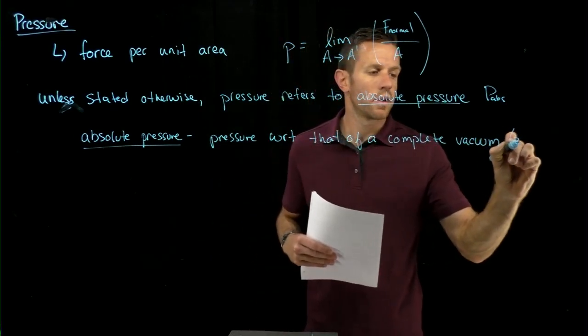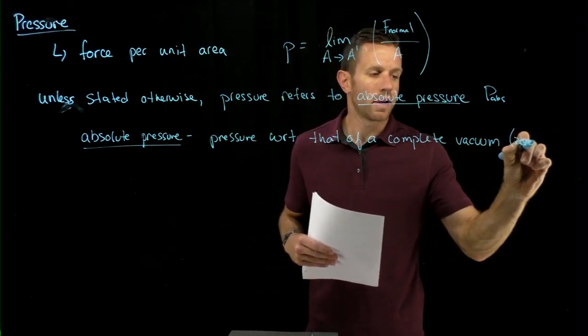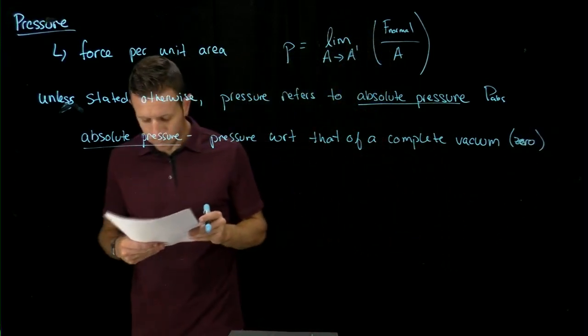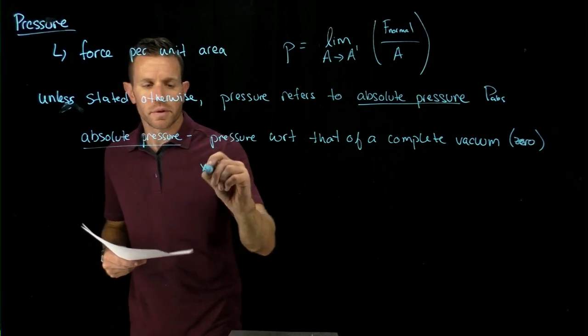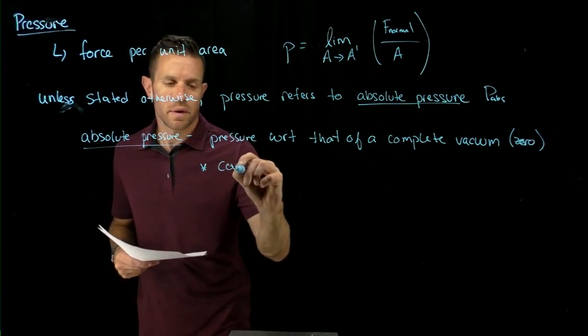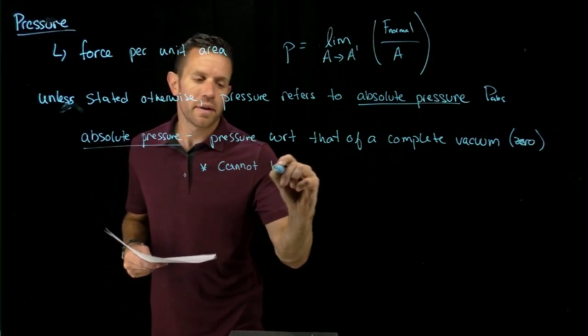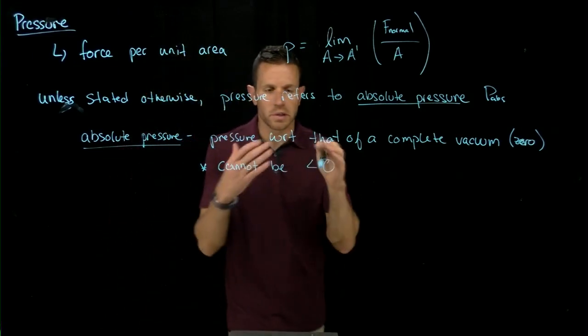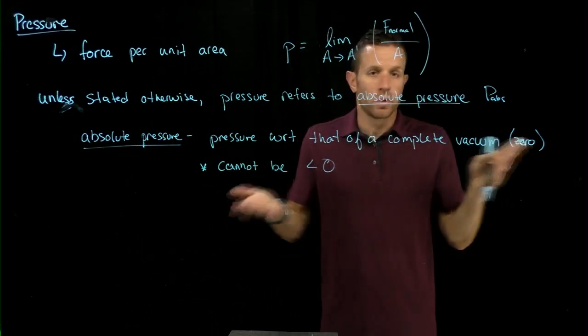And of course, the pressure in a complete vacuum is identically zero. Absolute pressures cannot be less than zero. We can't have a pressure that is lower than that of a complete vacuum, which is zero.